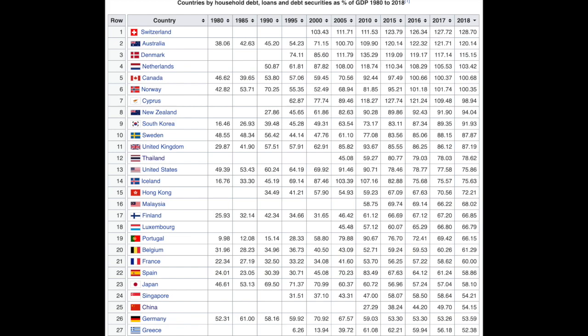It also includes student loans and car loans. So what you see essentially is that most of these so-called wealthier countries have household debt, and quite a number of them have almost equal to their whole GDP.